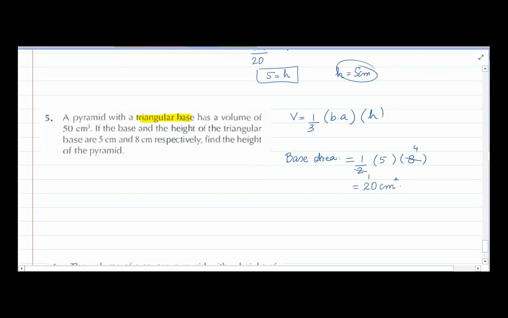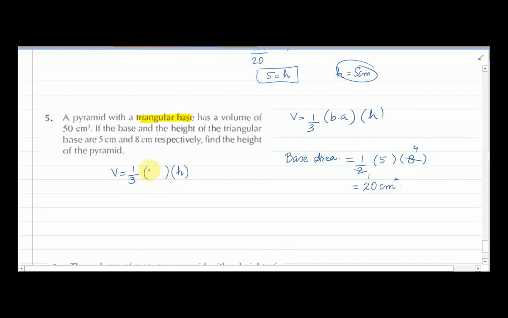The first portion of the question we had done to find out the base area. Now again we need to apply the volume of pyramid formula, 1 over 3 base area times height. The height is unknown but the volume is known, right? We need to substitute the values.